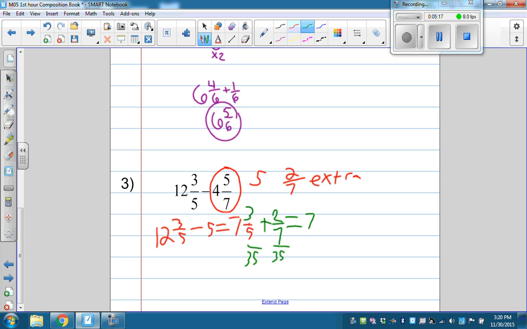Here 3 times 7 is 21. Right. And then 2 times 5 is 10. Right. So it's 21 plus 10 equals 31. Right. 31 thirty-fifths. And then the whole part is 7 and 31.